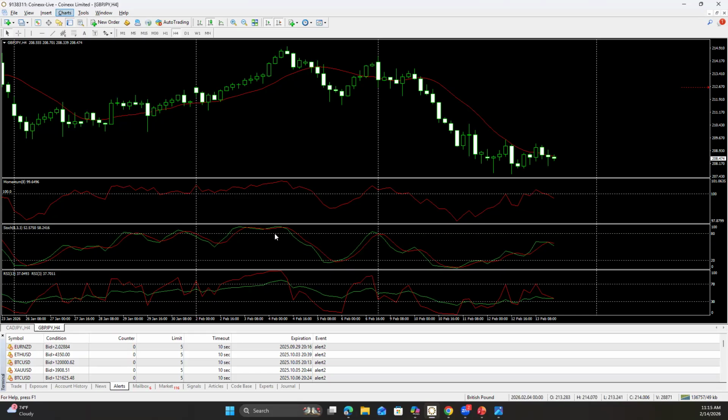Now, the components of the stochastic consist of two lines. These two lines here, the green and the red. The K percentage is the fast current indicator. And the D percentage is a moving average of the K, acting as a signal line.